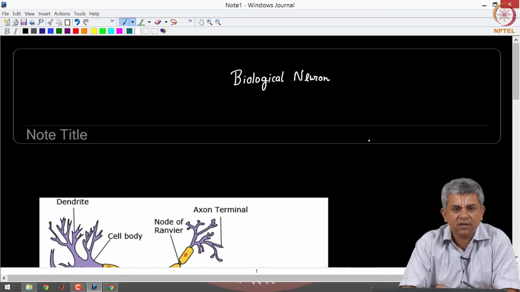Now, before I discuss the biological neuron, which I will do very briefly, I want to point out that this analogy is, in my opinion at least, and in the opinion of Dr. Ganapathy also, not quite sound. Several people say this. Neuroscience is a completely different area, and even computational neuroscience is very different from what we do in actual neural networks, which you will be seeing in the next few videos.